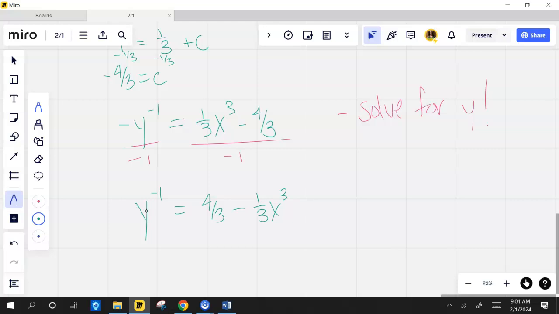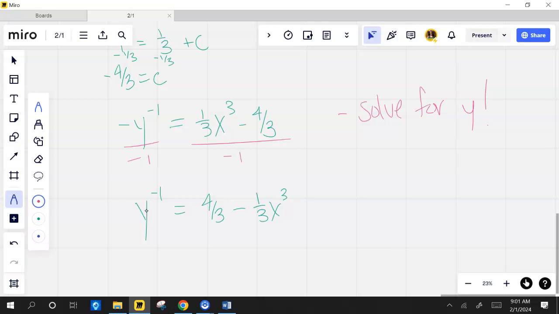I got to get rid of the -1x back. So think about.